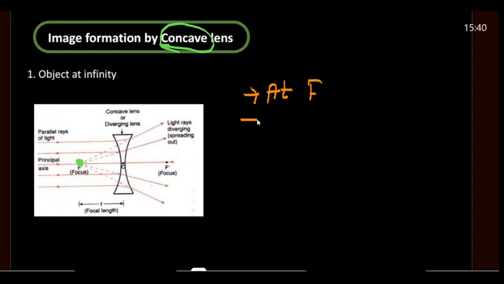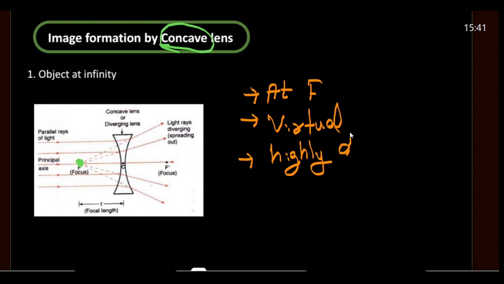We're not getting the refracted rays converged directly, we are getting this image by the divergent rays, so it is a virtual image. And if you observe the size, it is a very point-sized image, so it is highly diminished.